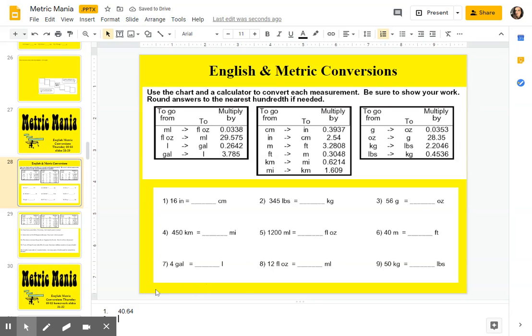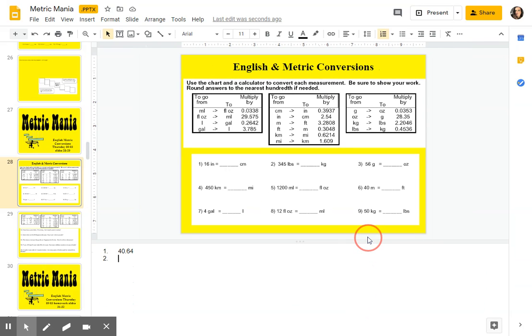For number 2, we have 345 pounds to kilograms. So we're going from pounds to kilograms. We're going to find pounds over here to kilograms, and we're going to multiply the given number by this ratio.